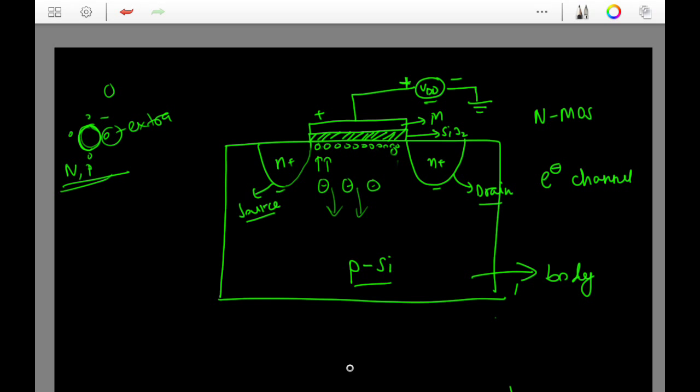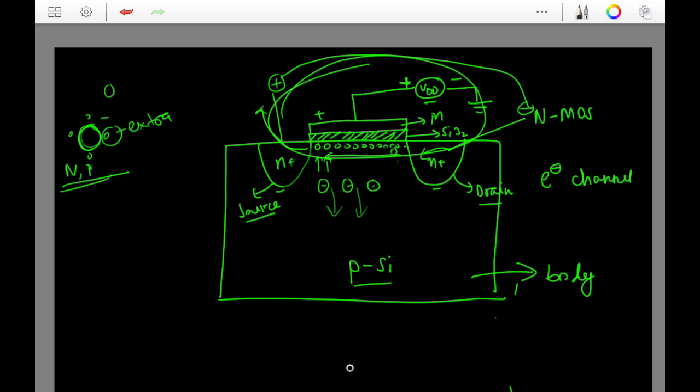So this is a channel. Now when you apply a positive voltage here and a negative voltage here, electrons will enter through here, travel through this channel and exit over here. If you connect these positive and negative terminals, you have completed a circuit. This is the channel that I was talking about, and this is how a MOSFET works.